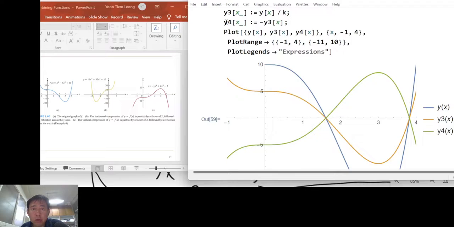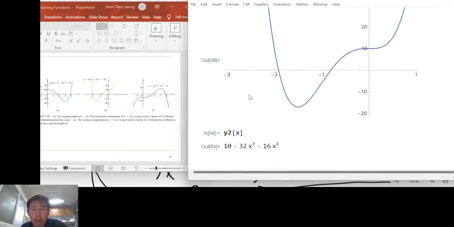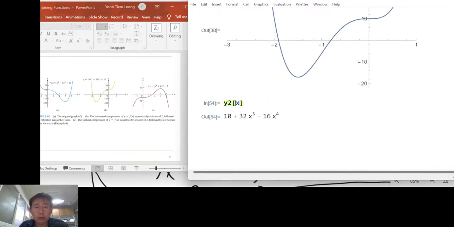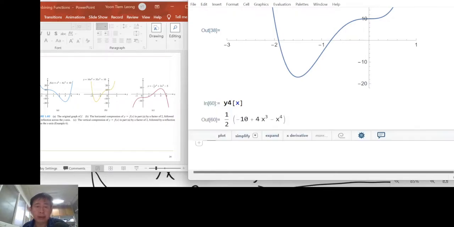And if you want to know the expression of y4, ask Mathematica what is y4, and the answer is this expression. So this expression is the same as here, right? So you compare it, then it's minus half of x to the power 4. So here you have a factor of minus half x to the power 4.